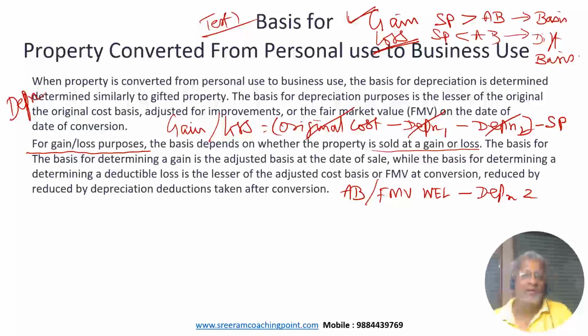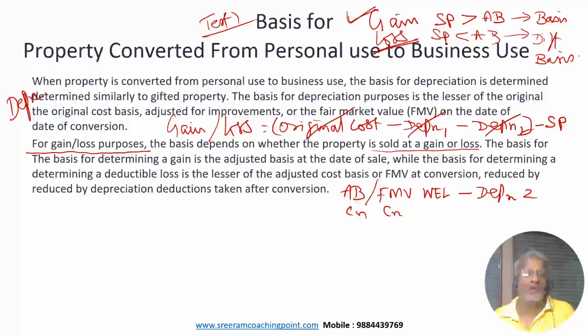Let me repeat. When we hit loss in test number 1, for the purpose of finding the gain or loss in the ultimate computation, the basis will be the adjusted basis on the date of conversion, or fair market value on the date of conversion, whichever is lower, minus the post conversion depreciation, that is depreciation 2.